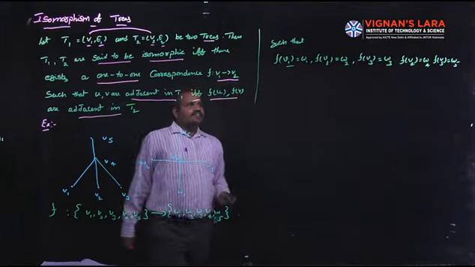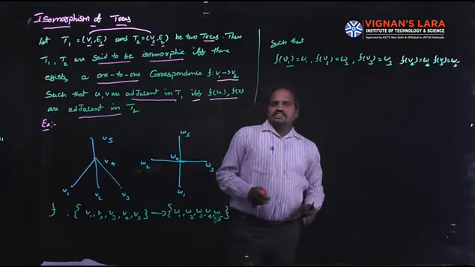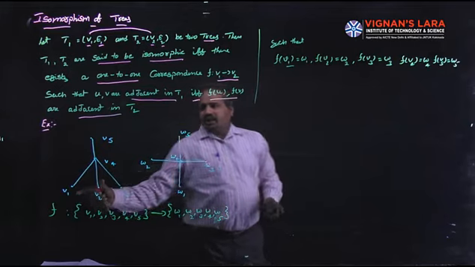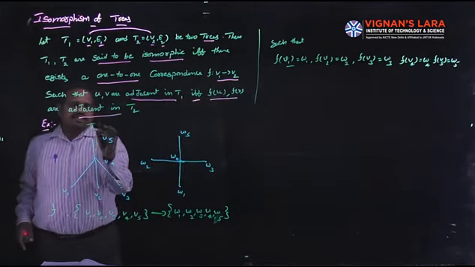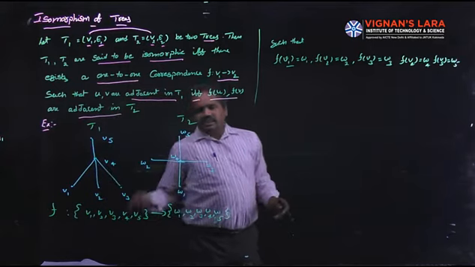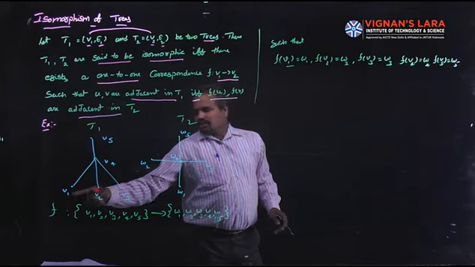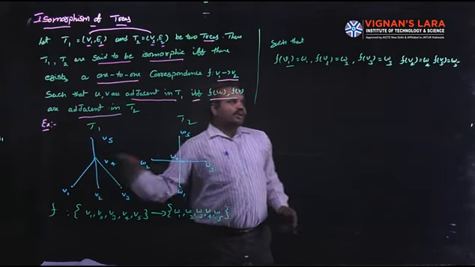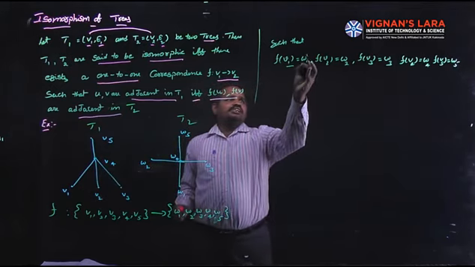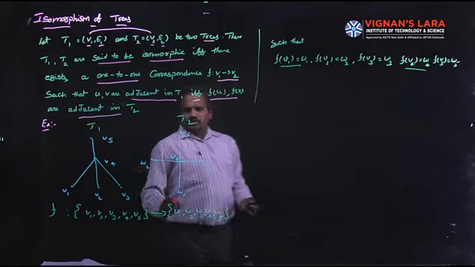And clearly, if you take any pair of vertices in the first graph, let it be the T1 graph and this the T2 graph. Now, V1, V4 are adjacent. What are their images? V1's image is W1, V4's image is W4.